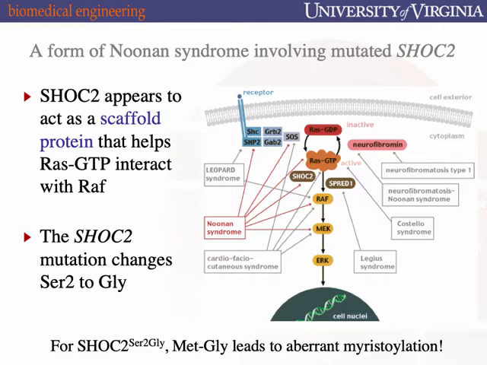Thus, aberrant myristylation of shock 2 gives rise to chronically activated signaling through the MAP kinase pathway. And as we said in the introductory slide, this chronic activation of MAP kinase is chronically changing gene expression.